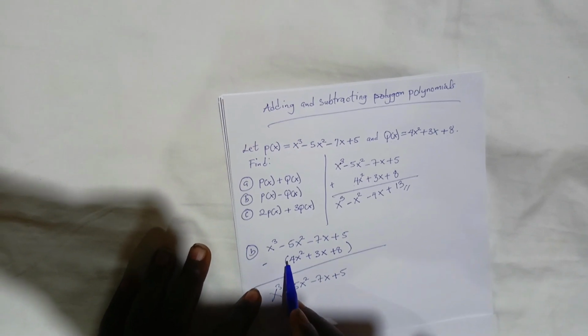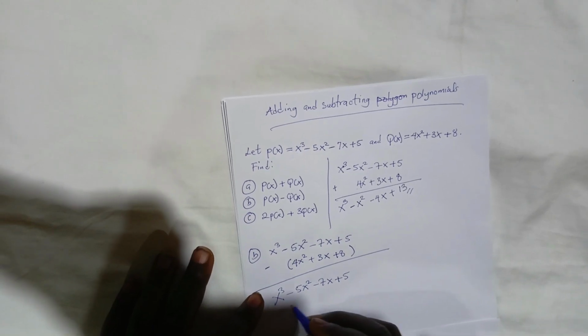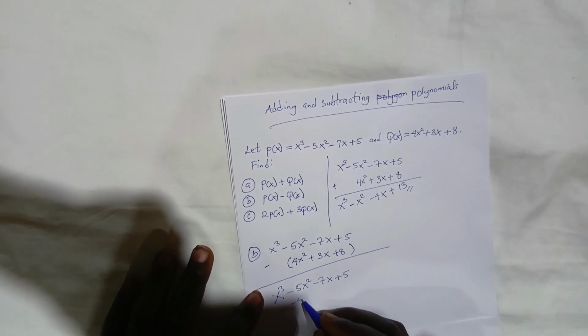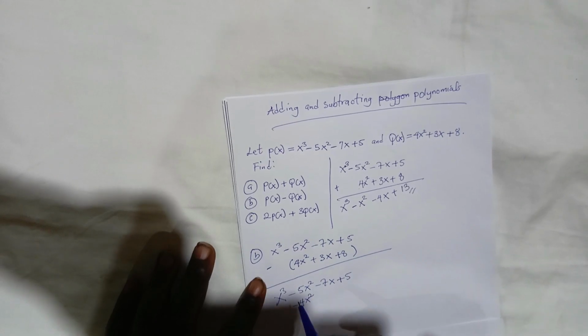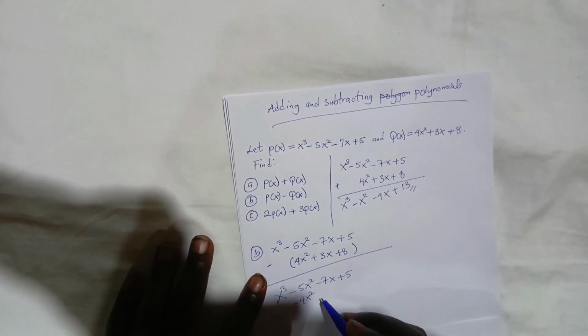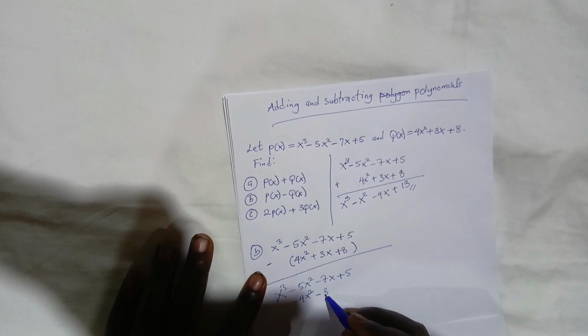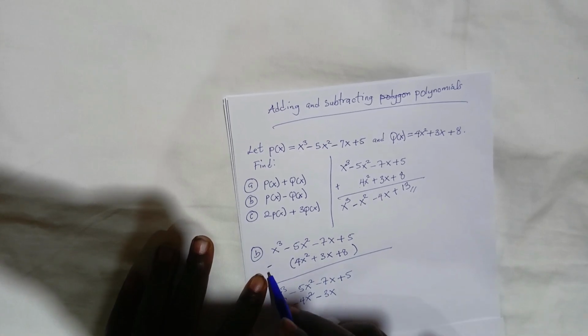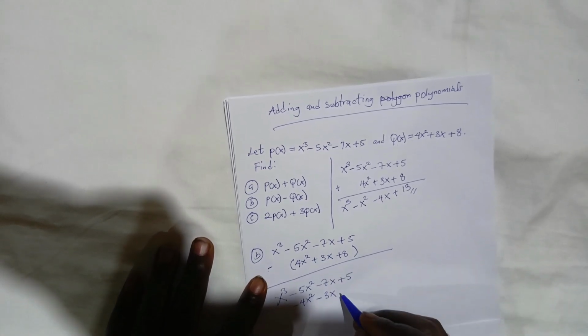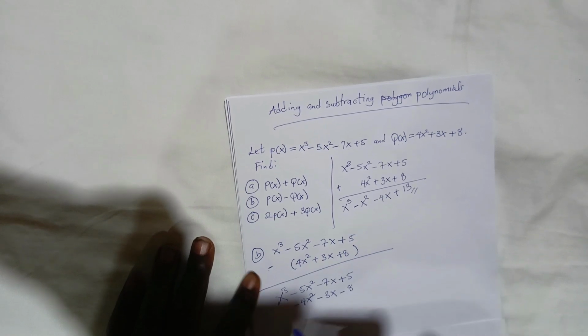Negative times positive here, we have minus 4x squared. Negative times positive is going to give us negative 3x. Negative times positive, negative 8.